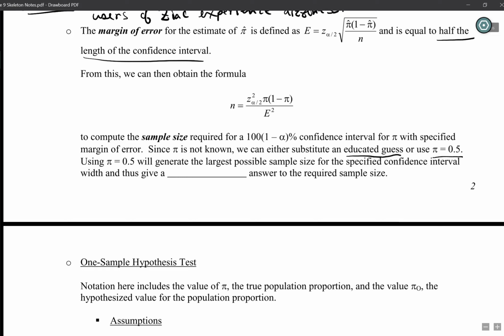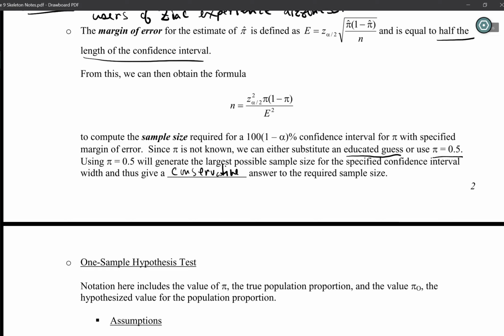Now 1/2 is kind of neat within this particular situation. 1/2 actually maximizes this part of the formula, pi times 1 minus pi, and it gives a conservative answer to the required sample size.